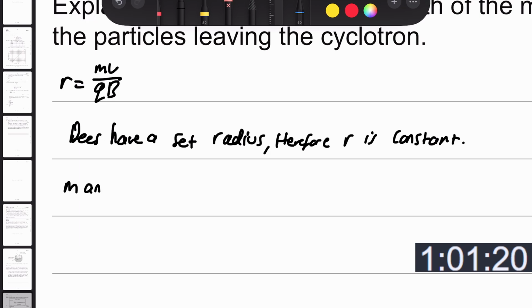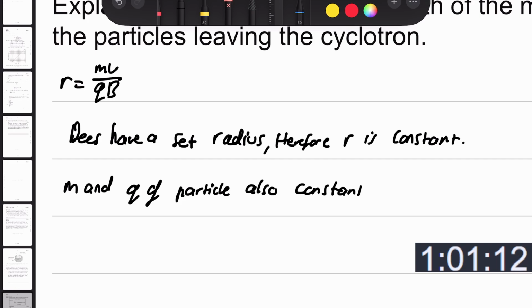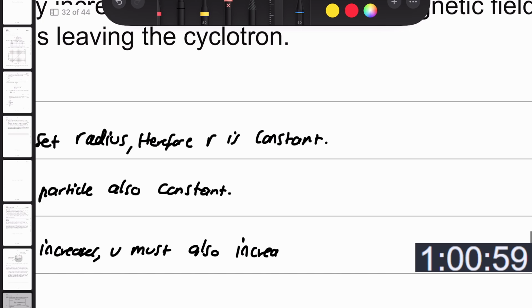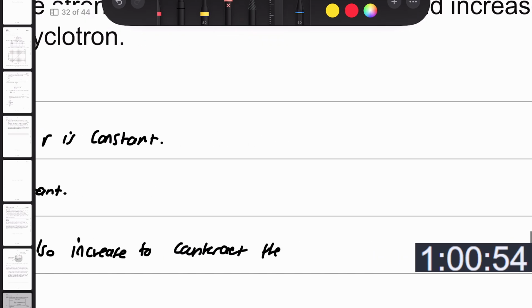And then I'll say M and Q of the particle are also constant. Thus, as B increases, V must also increase to counteract the change.